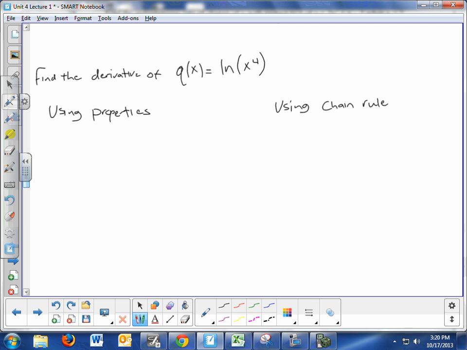So let's first use properties and see if I can simplify the natural log of x to the 4th. What can I do to make this maybe different? Put the 4 in front.